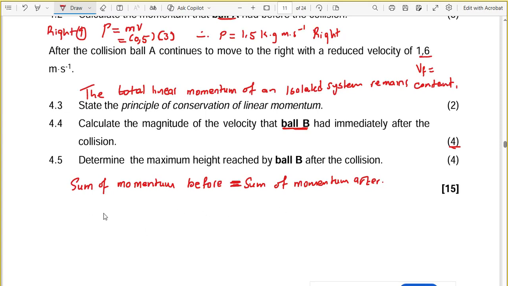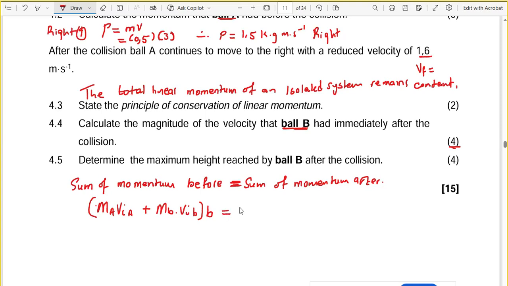So when I say the sum before, let's start with the two objects. I take the momentum, which is the mass of A, multiplied by the V initial of A. You add the momentum of the second object, B, which is the mass of B times the V initial of B. This is for before.